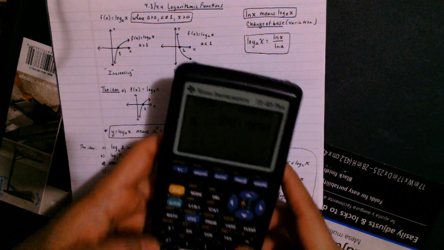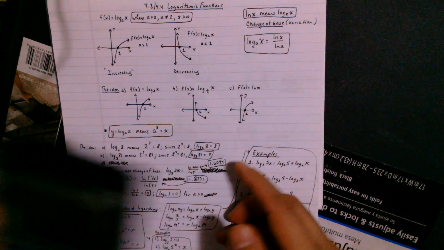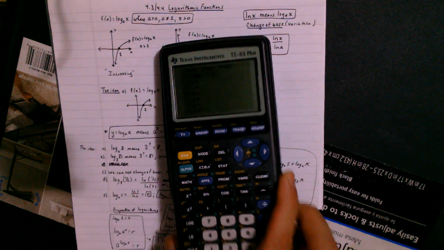Now, if I may here, and I probably should have done this. Let's see if I can find this here. Second e. Kind of so you can see it a little bit.